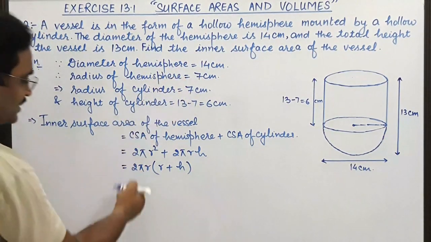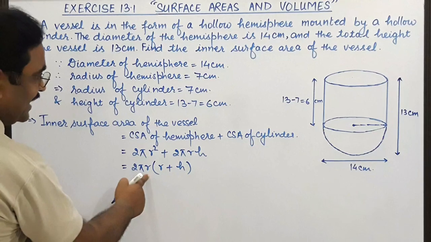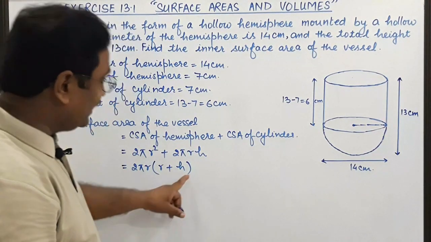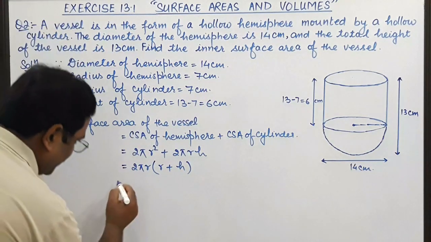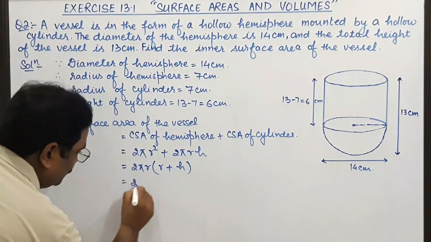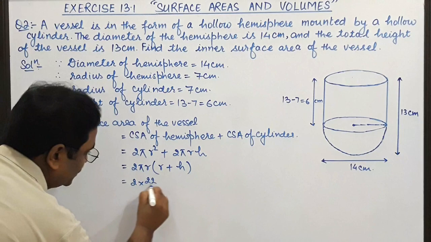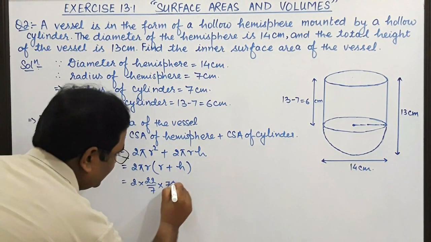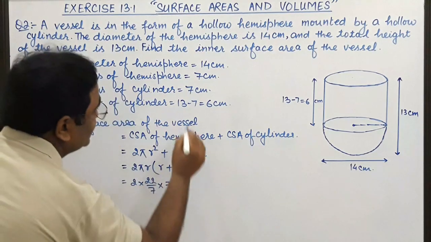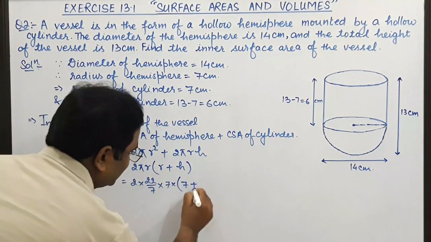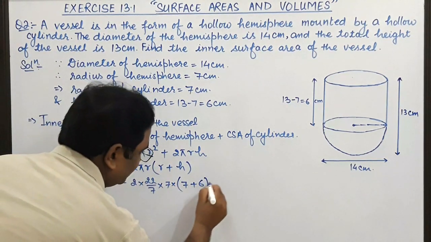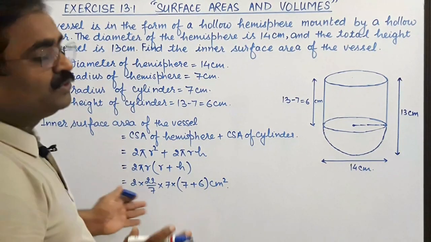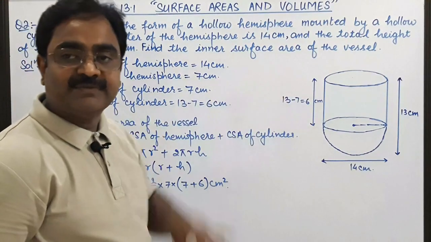Radius is 7 centimeter, pi is equal to 22 upon 7, and height is 6 centimeter. So 2 multiplied by 22 upon 7 into radius 7 plus height 6 centimeter square. So this is the total inner surface area of this vessel.